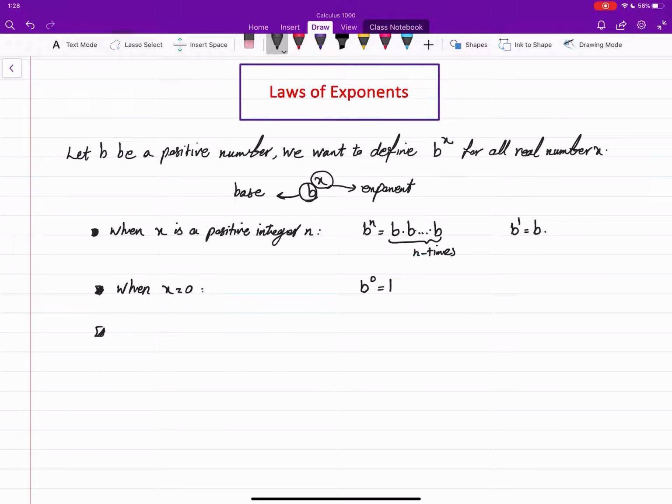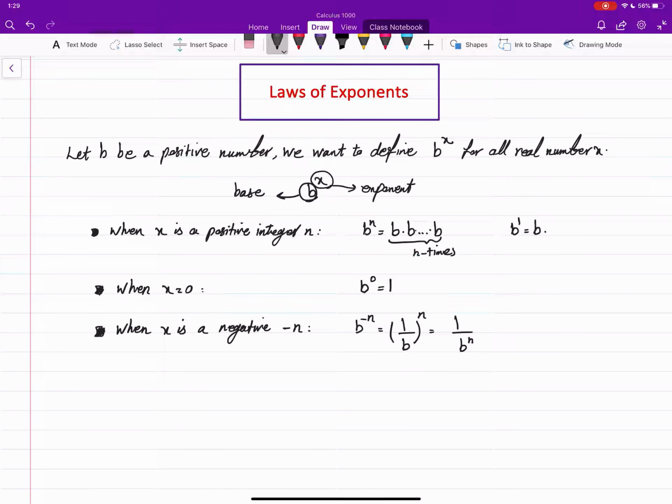How about a negative integer, something like -2, -3, and so on? When we have b to the power -n, what we mean is that you first reverse b, then find the power n of that.